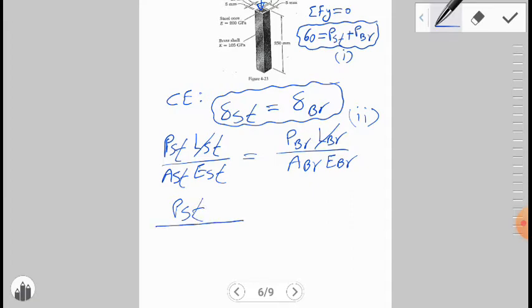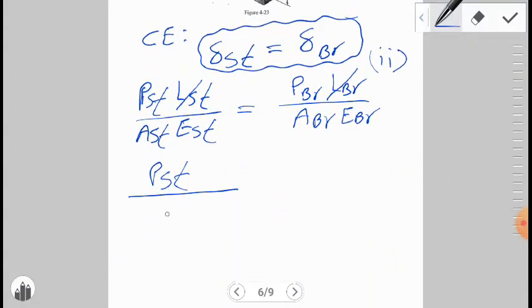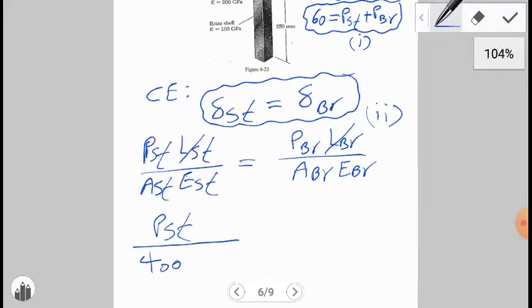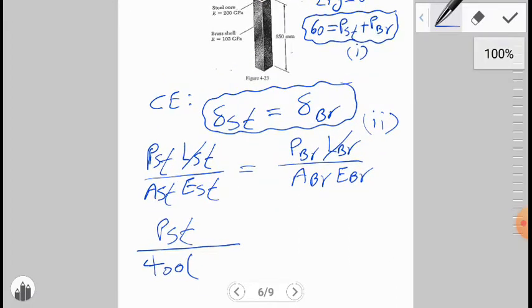P steel is unknown, divided by A steel. A steel, the area of the steel core, is equal to 20 times 20, which is 400. E steel is equal to 200 gigapascal.